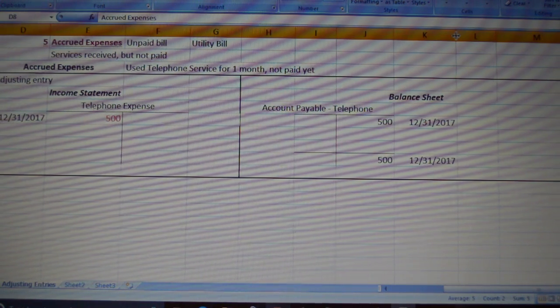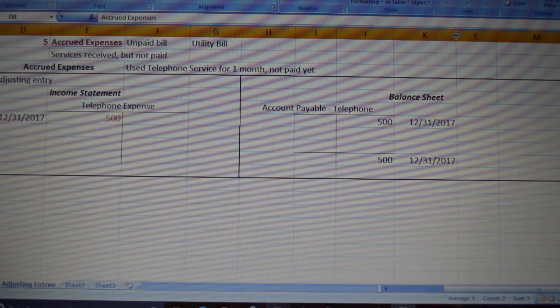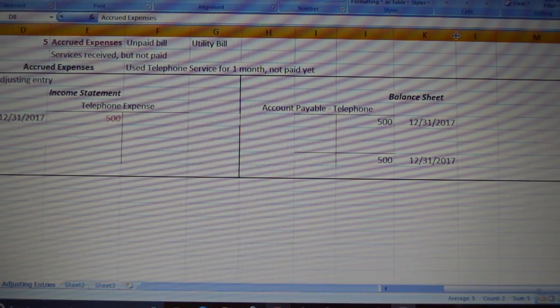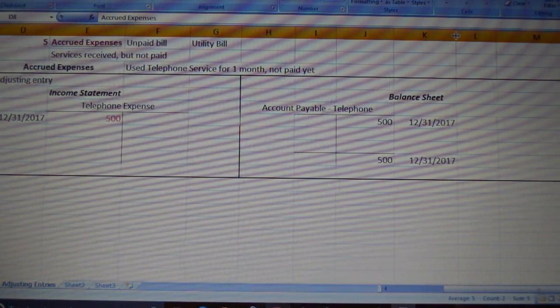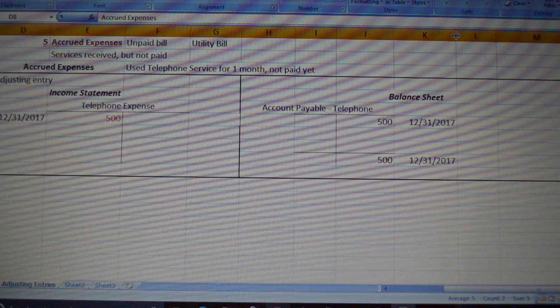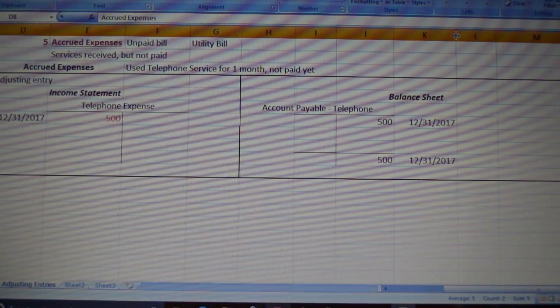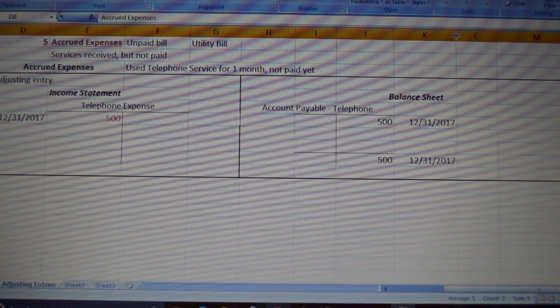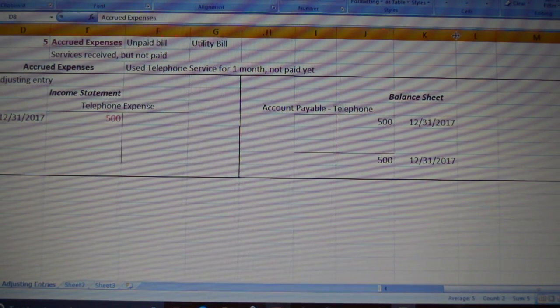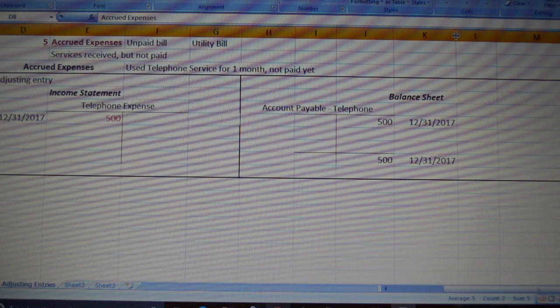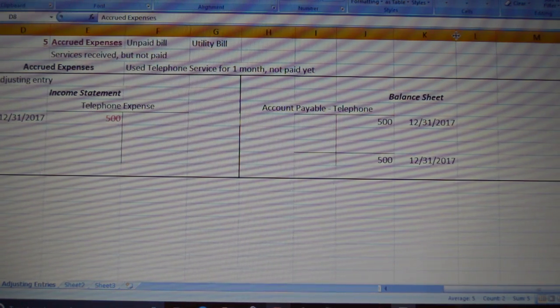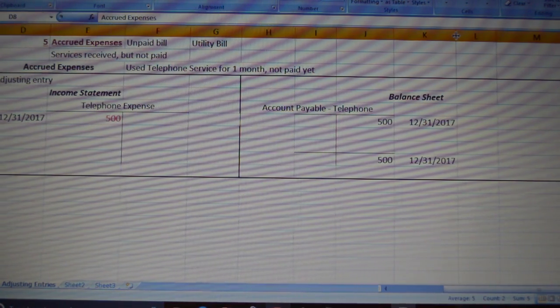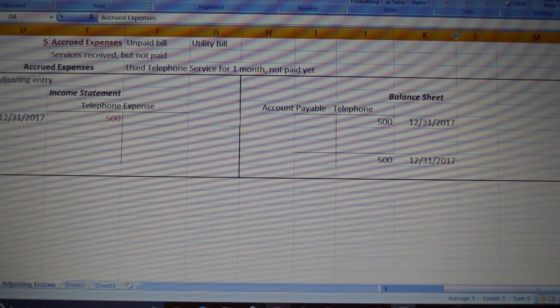Let's say that during the month of December, we have used the telephone service for the month of December, but we haven't received the bill yet, and we will pay it in January once the bill is received. But that payment will be for December. If we don't record it, then we will not be going in accordance with the matching principle.